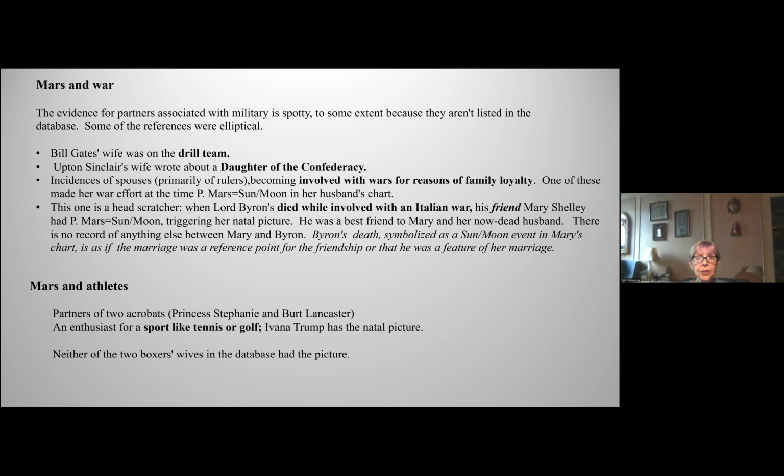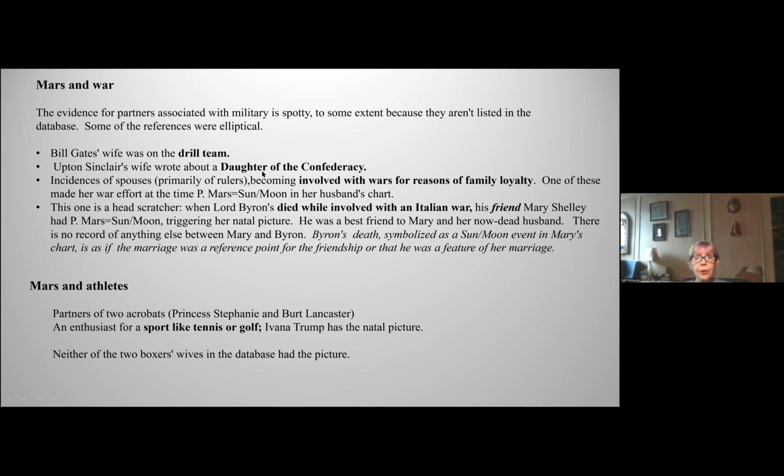Now, there is evidence for partners associated with the military, but it's spotty, and it may be because they're not listed in the database. And some of the references were elliptical, but they happened. So, for example, Bill Gates, who has Mars equals Sun Moon, his wife was on the drill team.